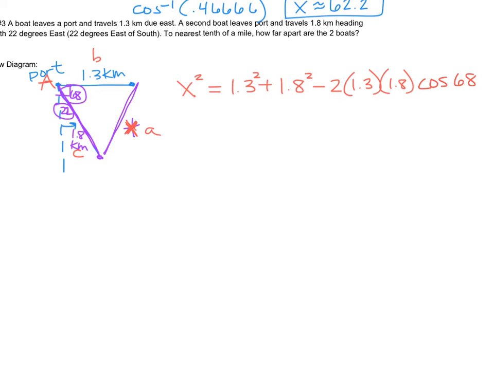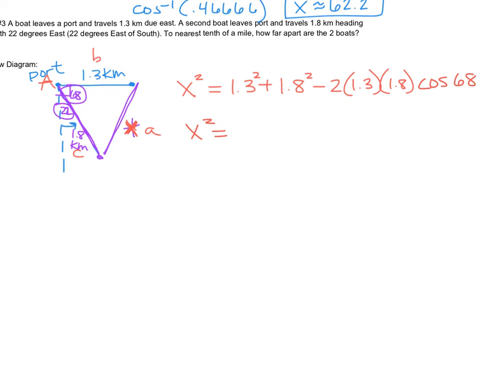Cosine 68. And this is that nice one that you can just plug into your calculator. So we would say x squared equals, plug that in, 1.3 squared plus 1.8 squared minus 2 times 1.3 times 1.8 times the cosine of 68.